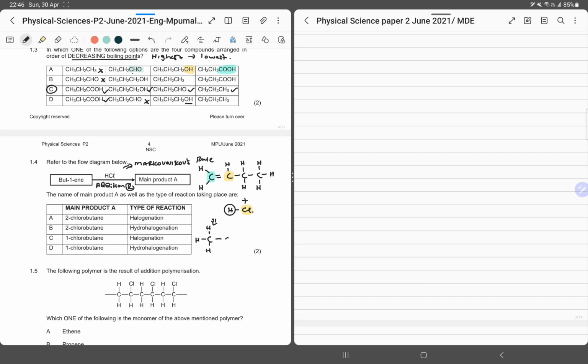With the CH, and then we're going to have the chlorine atom here. So this is something that we're going to end up with, and that is essentially compound A. So what is that? That is 2-chlorobutane.